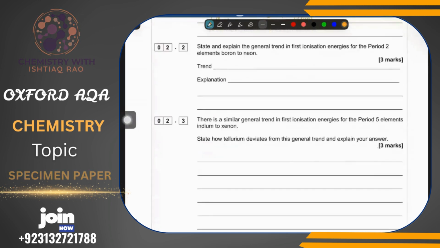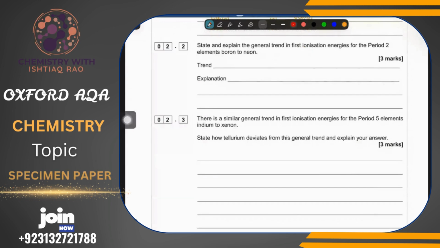State and explain the general trend across period 2: boron, carbon, nitrogen, oxygen. If I were to think, across a period, electrons increase.